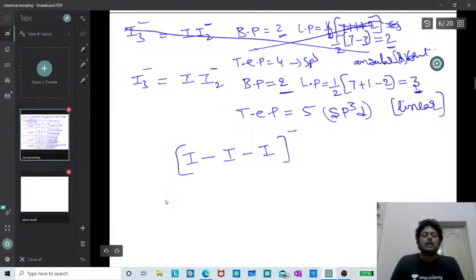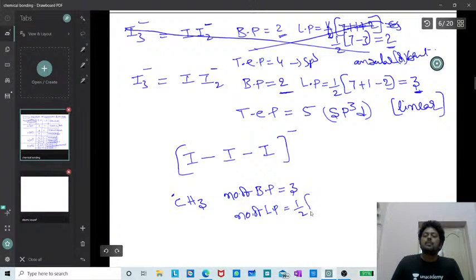Now what about odd-electron molecules' hybridization? For example, if you take CH3 dot, number of bond pairs 3. Number of lone pairs is equal to half into valence electrons of the central atom.